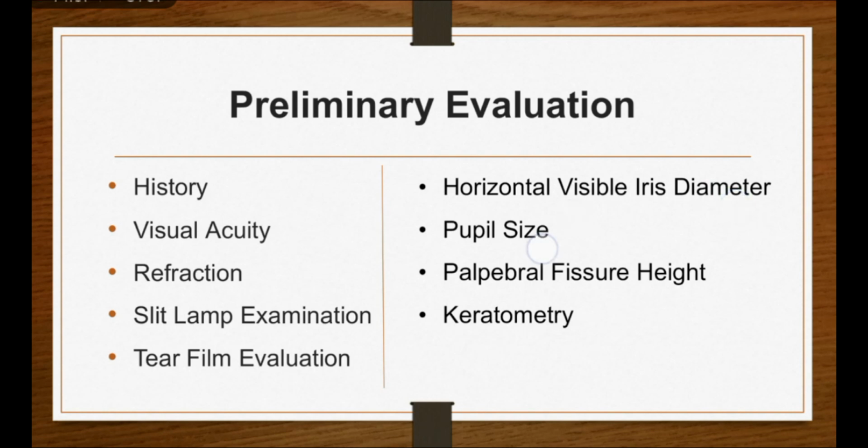With the pupil size you can measure how much the optic zone will be in millimeters. And as I told you in the previous video, the introduction to contact lens, by adding 2 mm to the pupil size you can obtain the optic zone of a patient's contact lens. And with keratometry, with the K readings in millimeters or the radius of curvature, you can find the base curve.